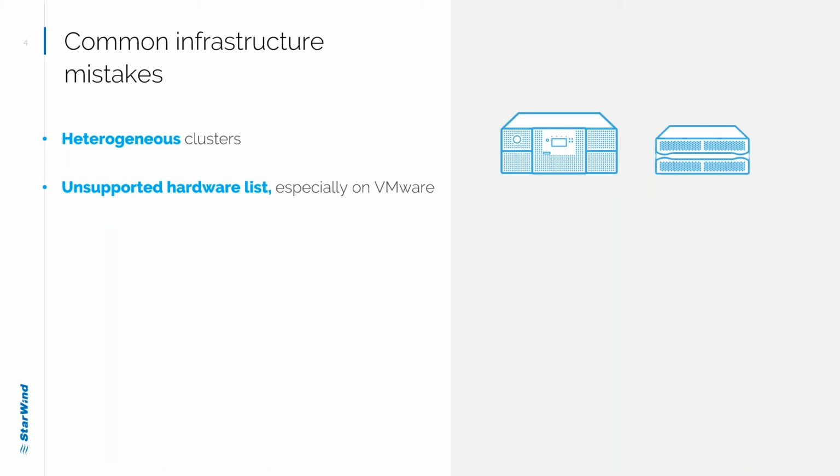Here I have a single piece of advice. If you still want to run VMware ESXi on unsupported hardware, please use it only for non-critical or non-production workloads, such as monitoring software.